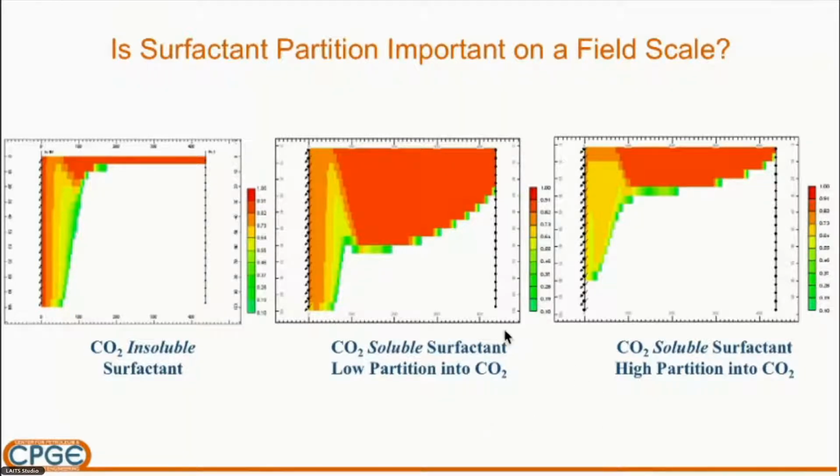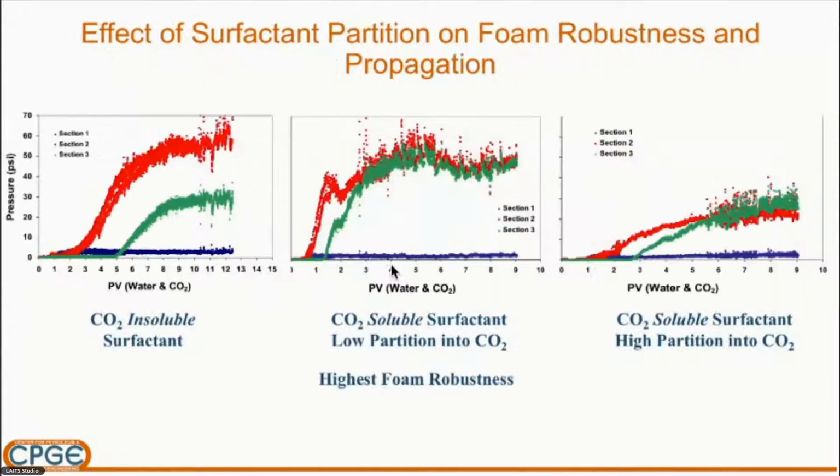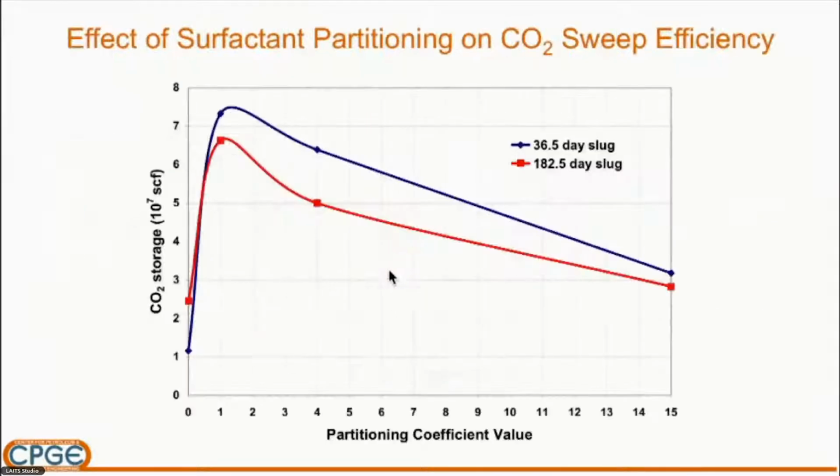But you can see the highest expansion of the gravity override zone is, again, for low or moderate partition coefficient of surfactant in the CO2, not for the very high partition. This is very consistent with the core flood result that I showed you right here. This figure shows that there exists an optimum partition coefficient at which you can maximize the sweep efficiency.